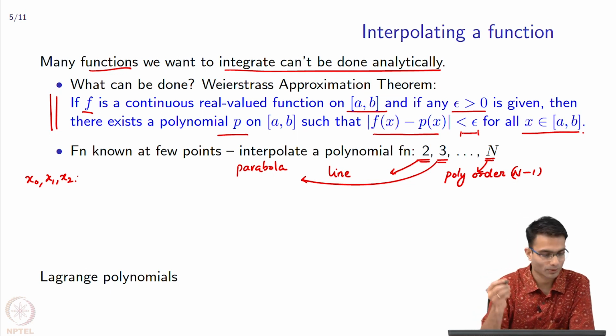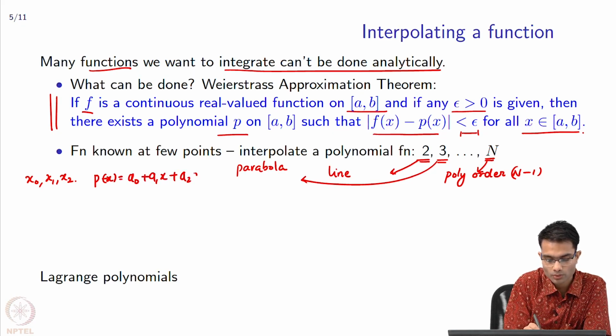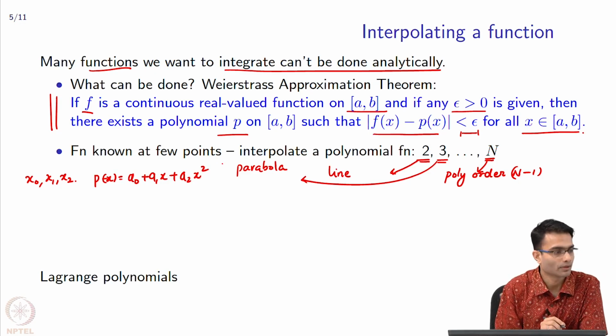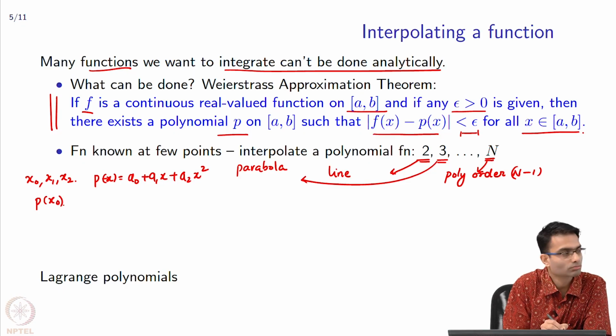Assume the equation of a parabola. So say p of x is equal to a naught plus a1 x plus a2 x squared. Now I have given you p of x naught, the value of the function has been given to you. So you get a naught plus a1 x naught plus a2 x naught squared.